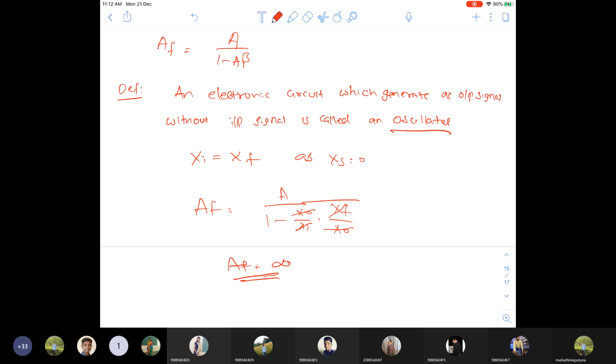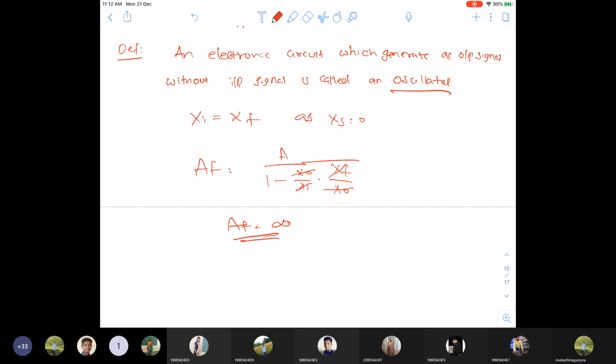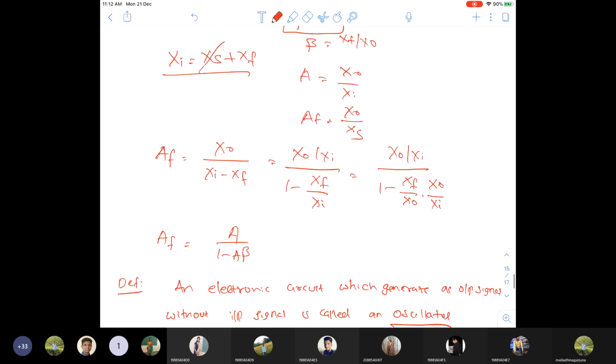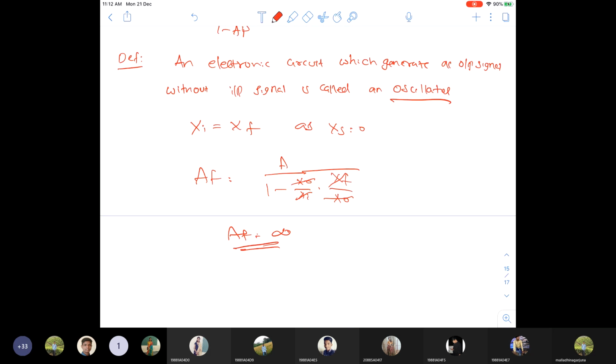Okay, so in the oscillator, why are we using the positive feedback? We don't have any input signal, so we have to generate our signal on our own. The circuit has to generate the signal, right? In this formula, xs is 0 because we are not having any input signal. Xi equal to xf. If you substitute here, you will get af is equal to infinity.